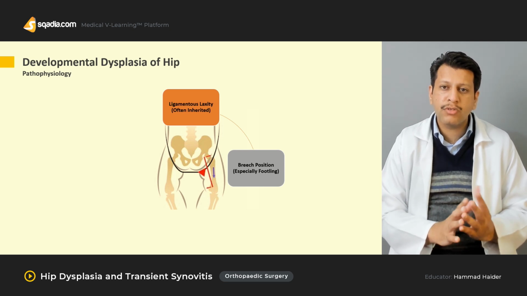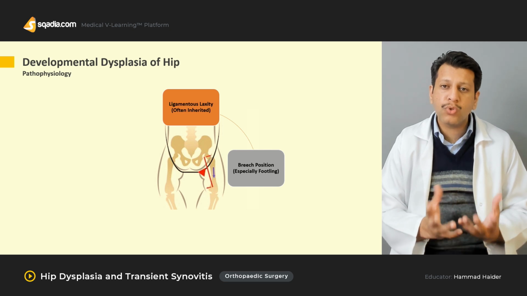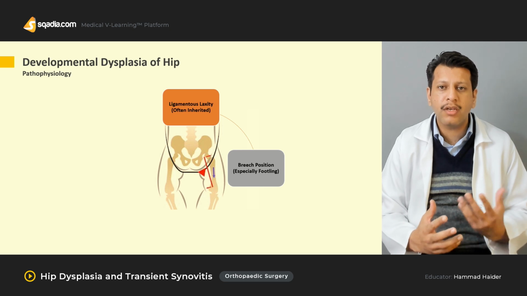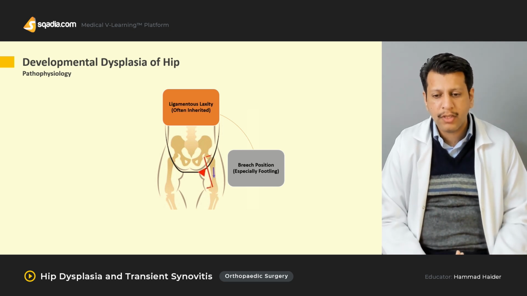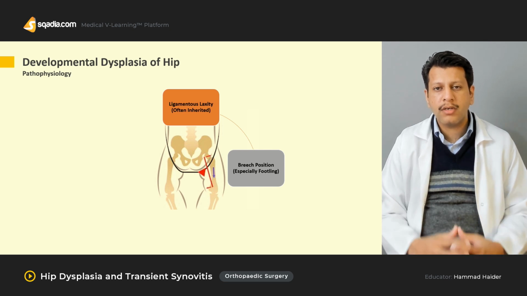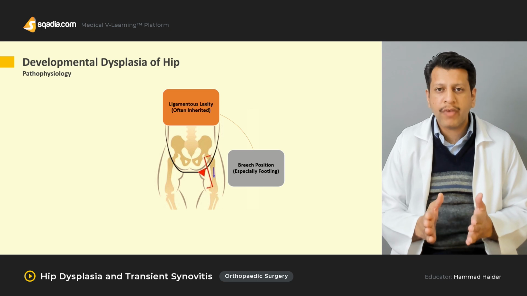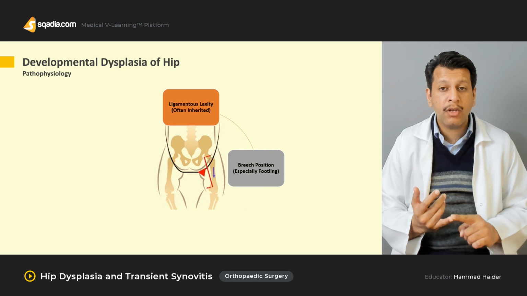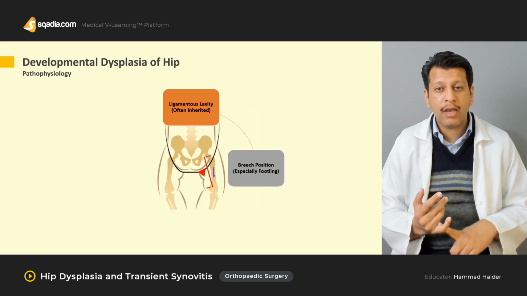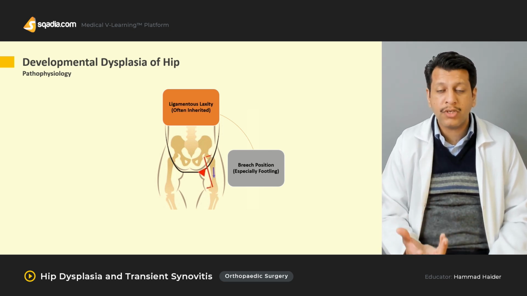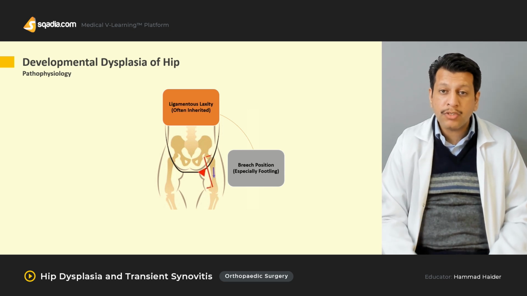The posture of the baby is such that this leads to increased problems and eventually results in a dysplasia. Breech position is one of the most common risk factors, and especially if a child is born who happens to be the first female child and there is a breech delivery as well, then one must do the Ortolani and Barlow to rule out whether the child has developmental dysplasia of the hip or not.